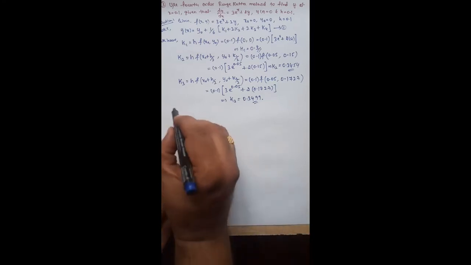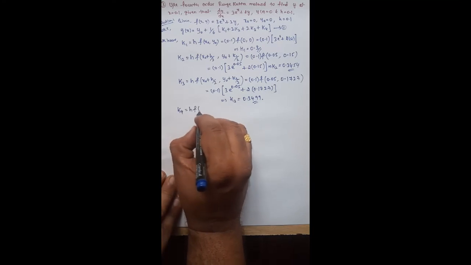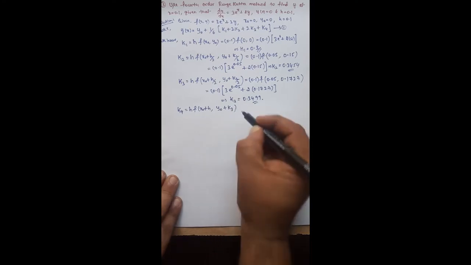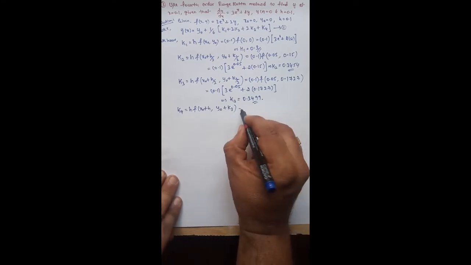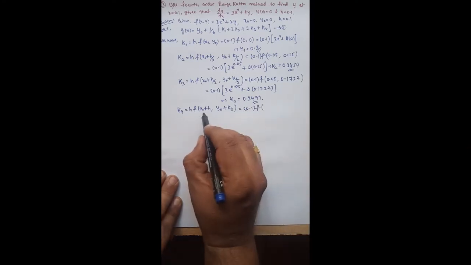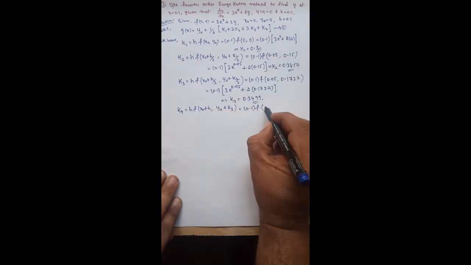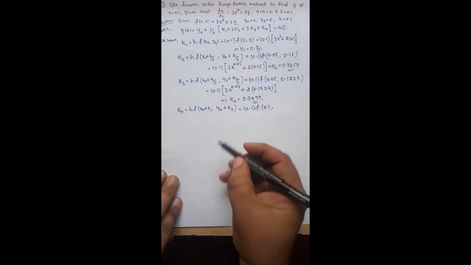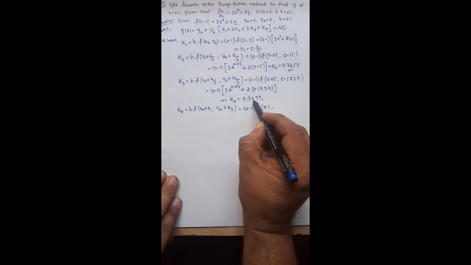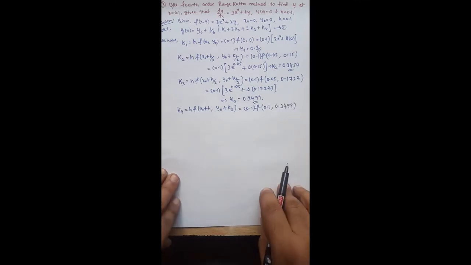Now similarly, the last parameter K4. The formula for K4 is h into f of x naught plus h comma y naught plus K3. So this is equal to h, which is again 0.1, into f of x naught plus h. X naught is 0, h is 0.1, so 0 plus 0.1 is 0.1, comma y naught plus K3. Again y naught is 0 plus K3, so it is 0.3499.